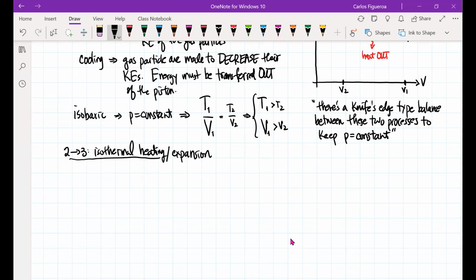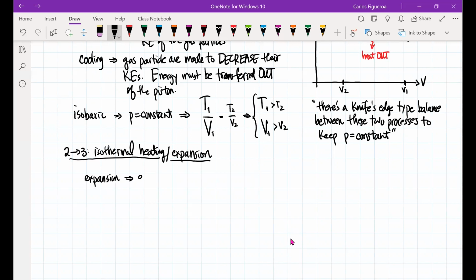Again, there's two processes going on. There's working and there's heating. So when I say the word expansion, that means that there has to be work being done.